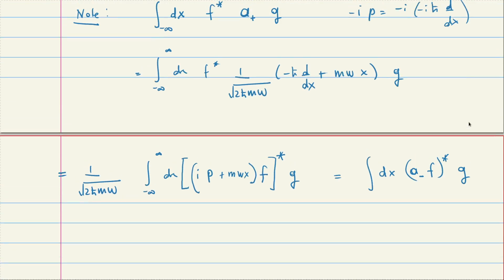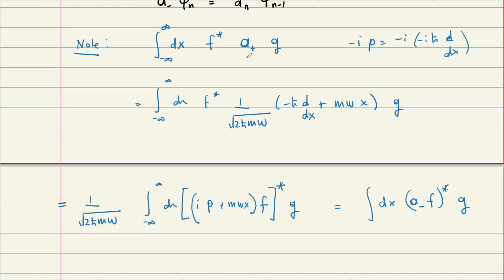So let's look at it together. I started with A plus acting on G, and I ended up with A minus acting on F. So this is A minus. That's what we found. No, we started with A plus, and it turned out to be A minus.